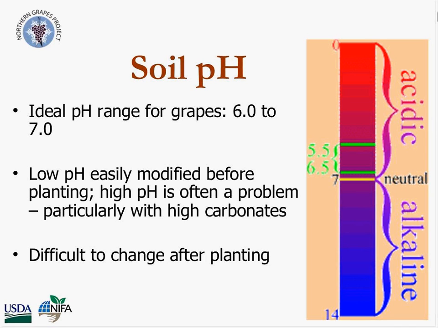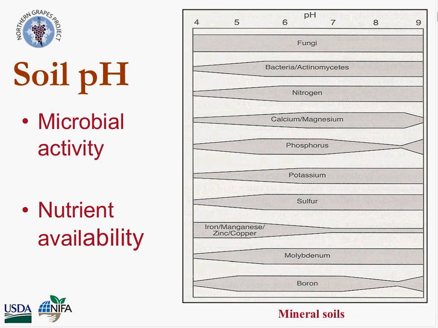In terms of why pH, soil pH is a really dominant chemical property in soils. It affects not only nutrient availability, but it also affects microbial activity in the soil. If you look at this chart here, it goes from pH of 4 to 9, going from acid to basic conditions.